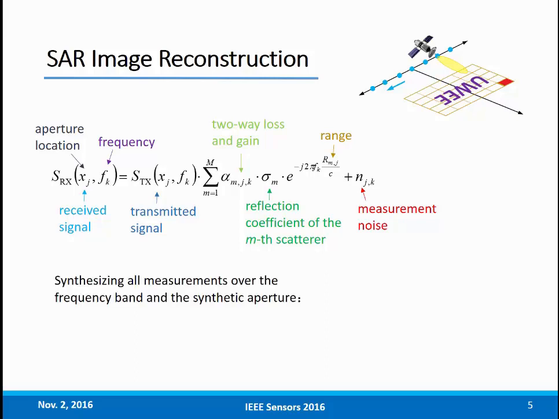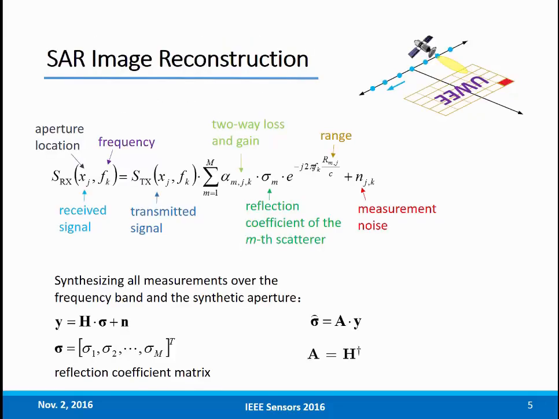Synthesizing all measurements over the frequency band and synthetic aperture, all data can be constructed into this form. This is the reflection coefficient matrix, and SAR reconstruction is the solution of the inverse problem.